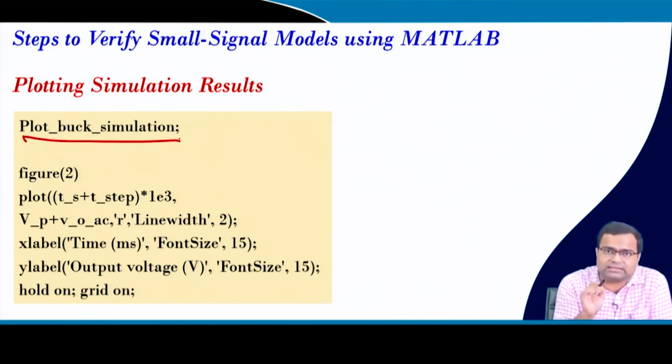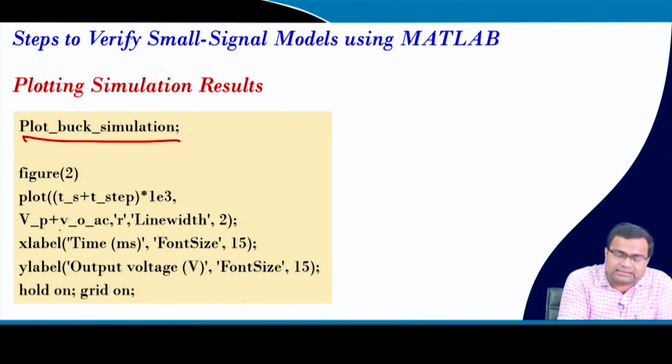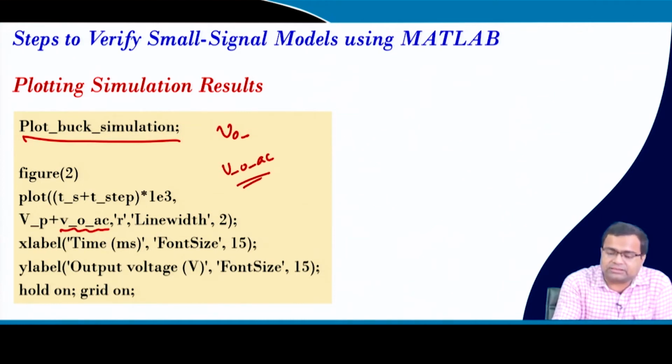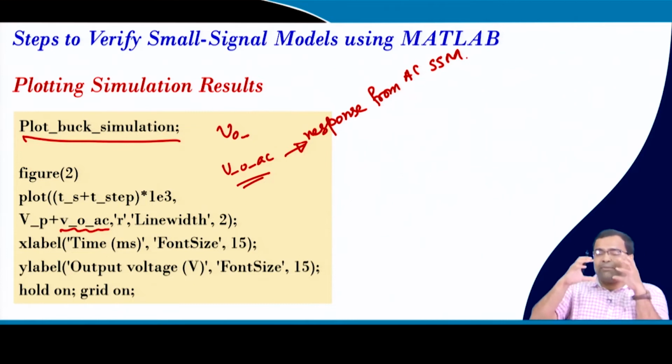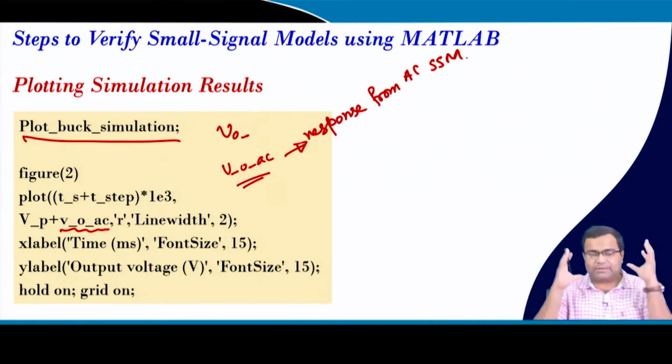I will explain what this is, but this response we obtain from the AC simulation. You see this V0, here it is V underscore 0 underscore AC. So this is the response from the AC small signal model. We have to add this response with the DC, to get the complete picture.